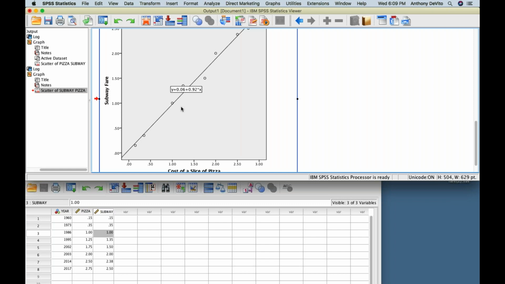So for instance, if I were to ask you about the rate, state by state, you have 50 states, the rate of lung cancer in a state versus the rate of smoking in a state, right? It seems to me that states that have a lower percentage of smokers are going to have a lower lung cancer rate, right?